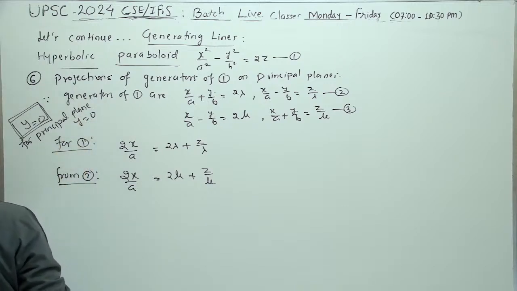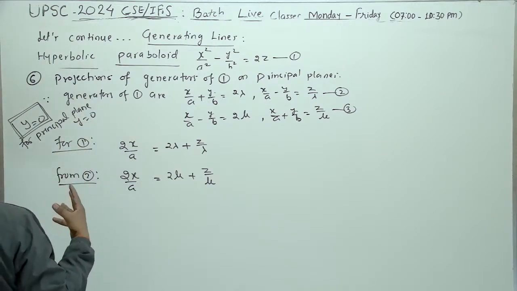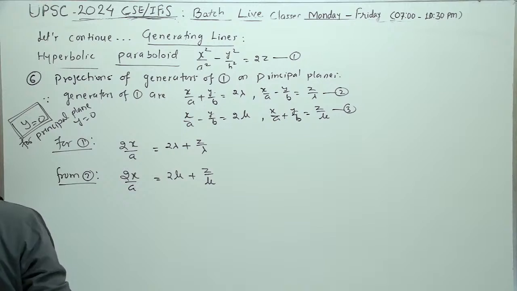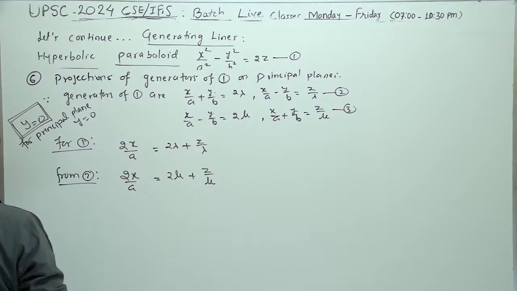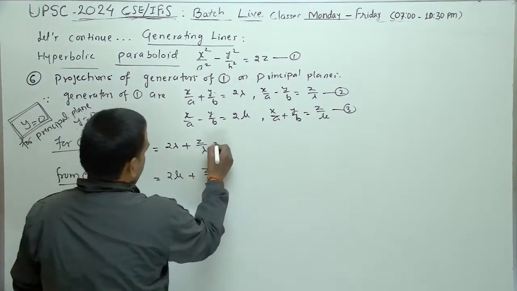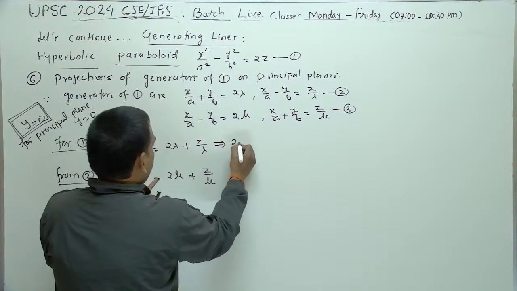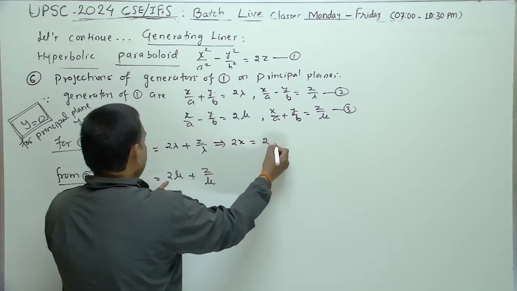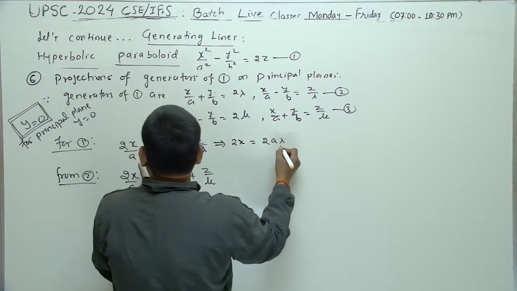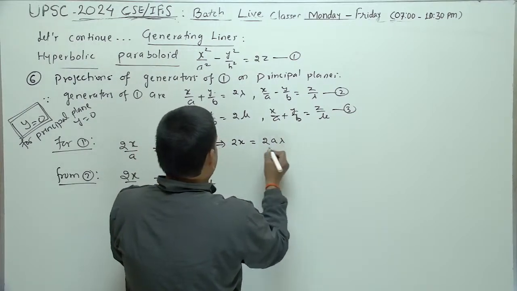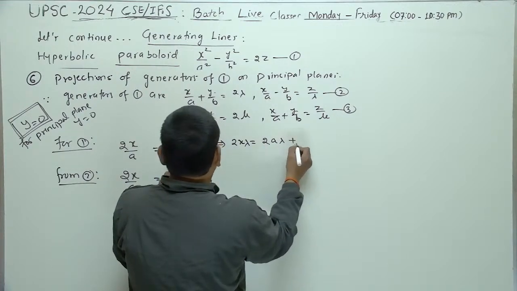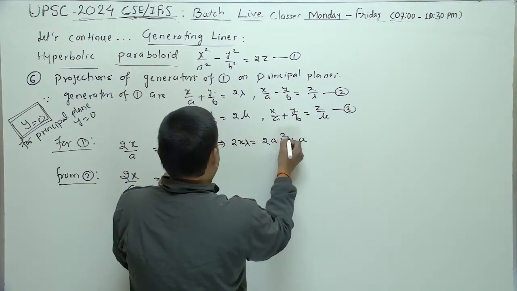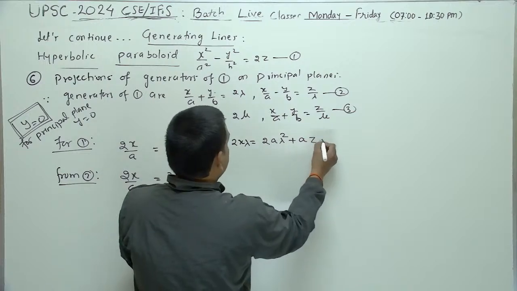Yeah. So now if I multiply those fundamentals, so this implies 2x equals, wait a little, no tension at all, a into 2 lambda: x equal to 2a lambda square plus a into z.